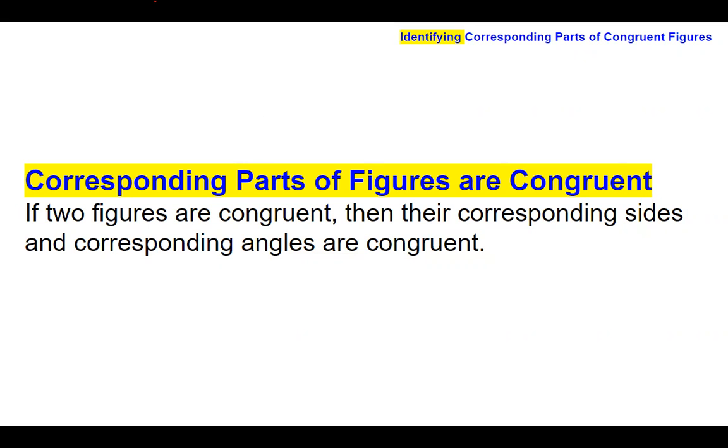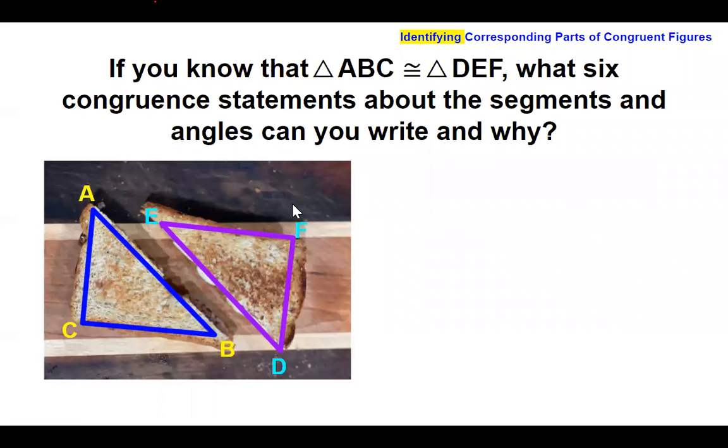So we're going to be given some statements. We're going to follow along with the statements, and then we're going to identify the corresponding parts. All right, everybody has this, right? Perfect. So we're going to go back to our figures. This time we're going to see our pieces of peanut butter and jelly sandwich that are cut into two congruent parts, labeled with points A, B, and C on one side, and D, E, F on the other side, okay?